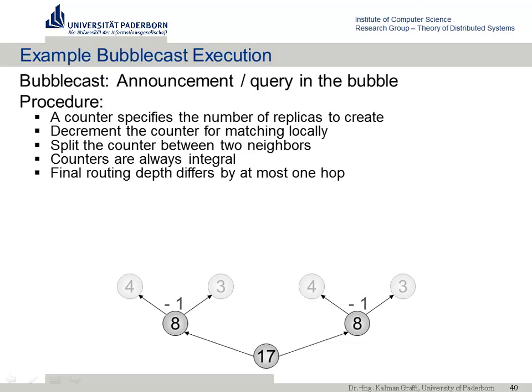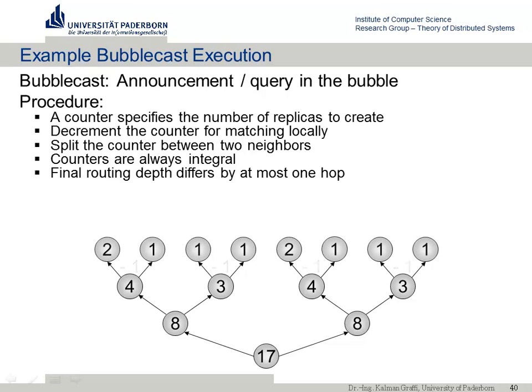There's a replica and the counter is split again. Now my 2 neighbors each contact 2 neighbors individually, and so it continues. A very simple procedure, but at the end what I have is a bubble with 17 replicas of my announcement or query.